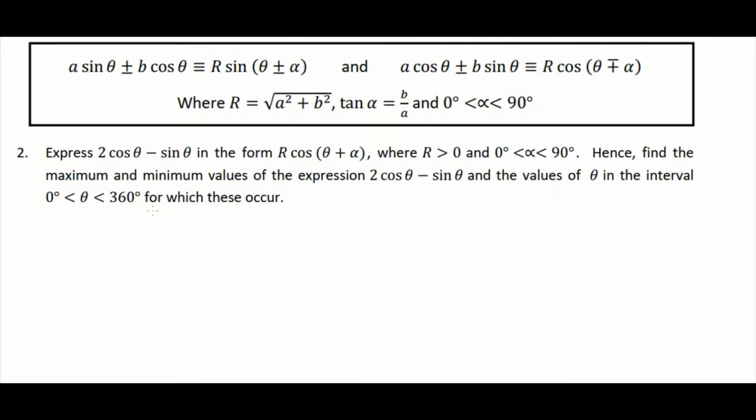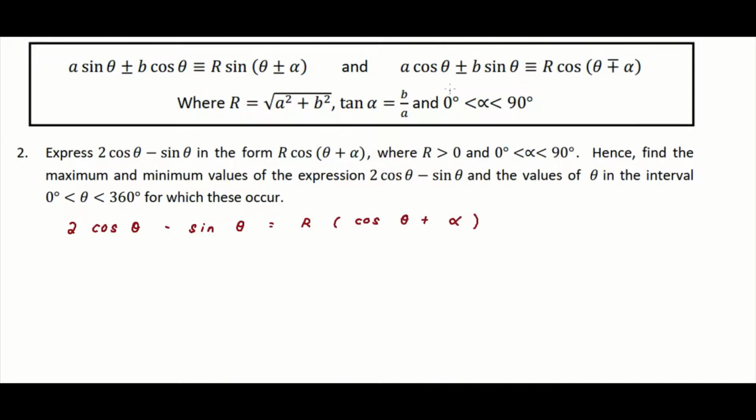So I think I do not want to do the whole process again, so you should know how to use the normal process to do it. So I'm just trying to do everything by using the formula. Okay, so 2 cos theta minus sine theta equals r cos theta plus alpha.